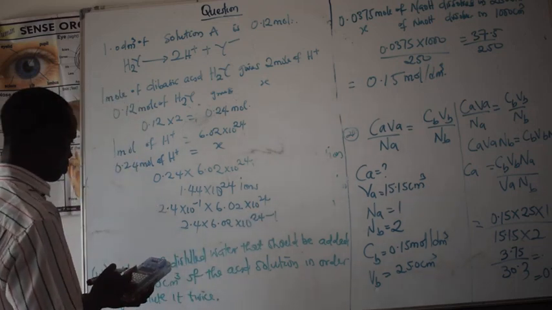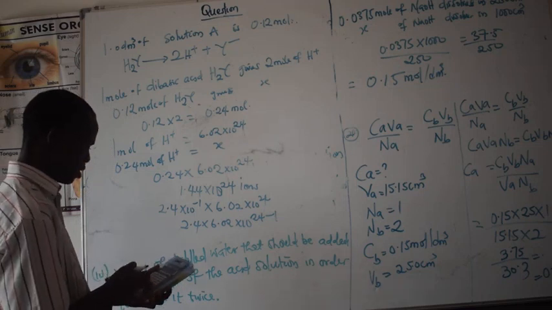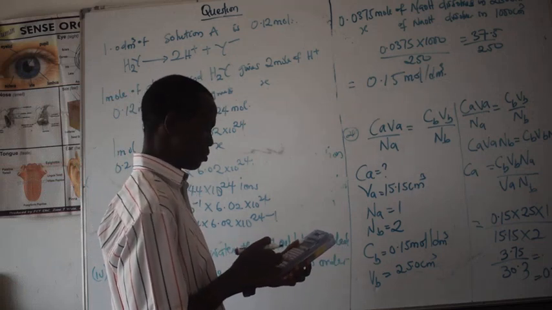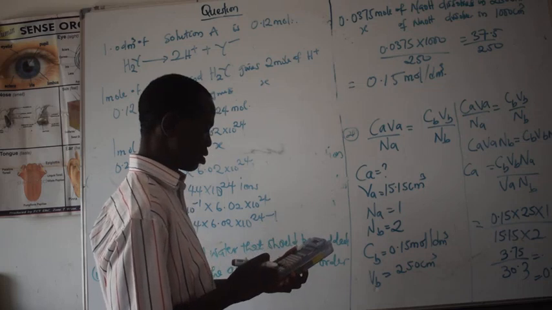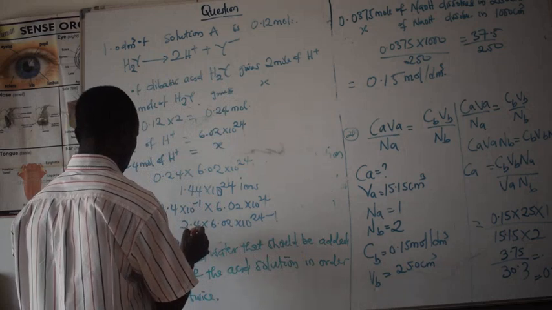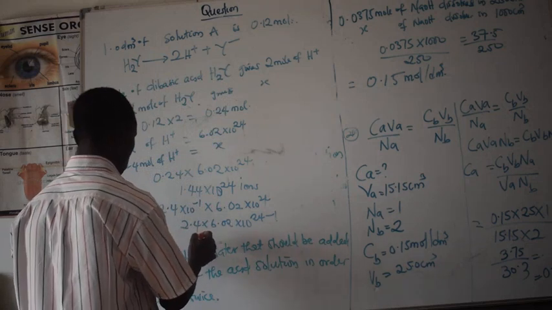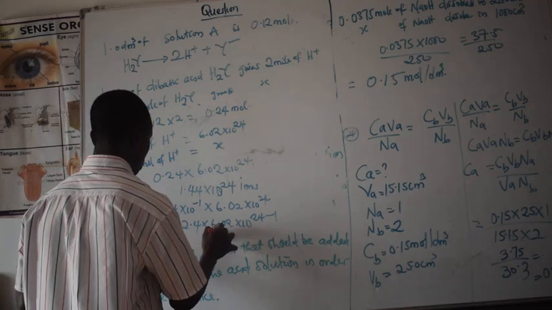My mind is telling me that this calculator is not giving me what it's supposed to give me. 2.4 times 6.02 is equal to what? That is equal to 14.4.